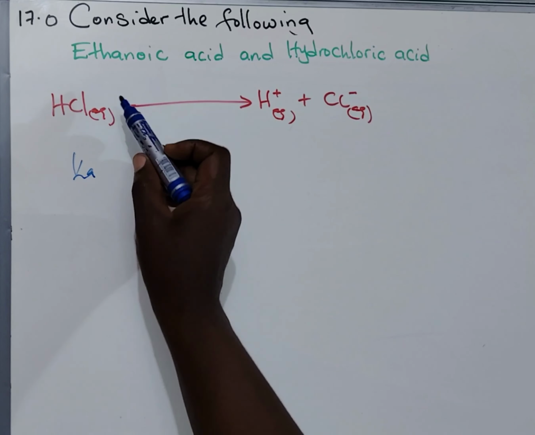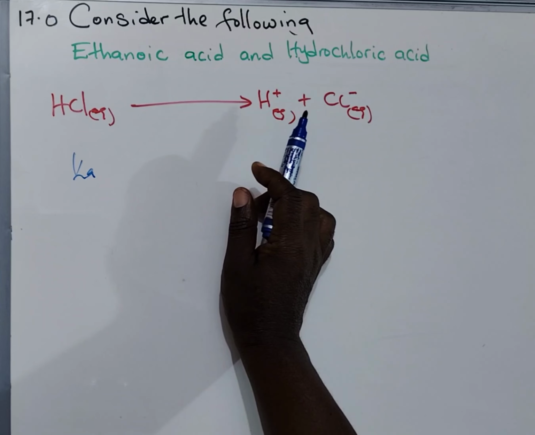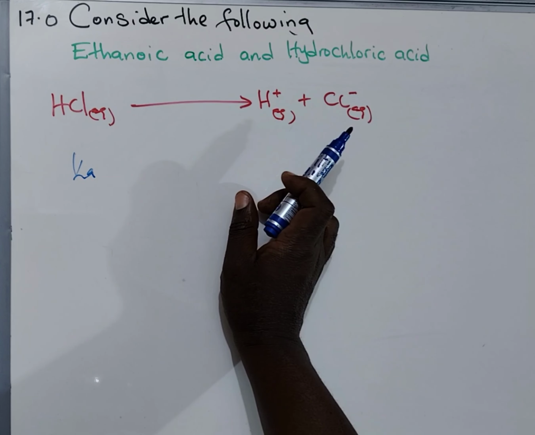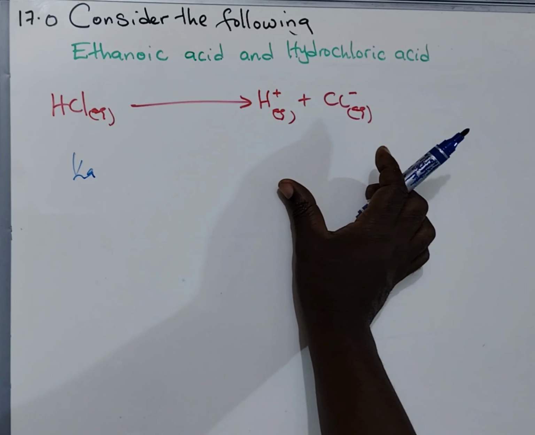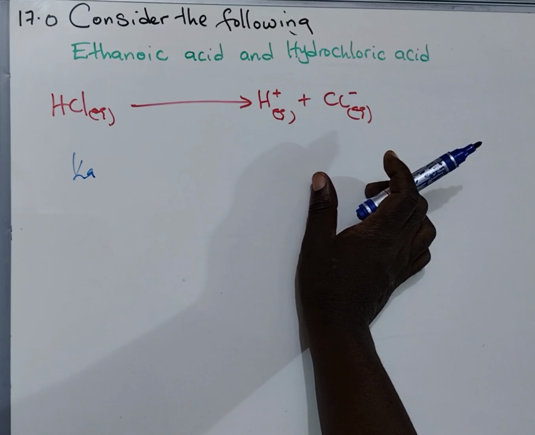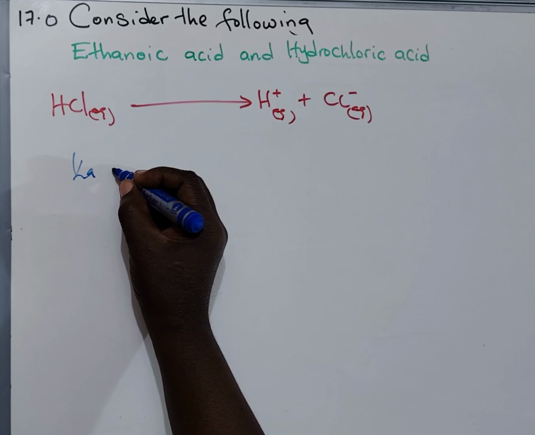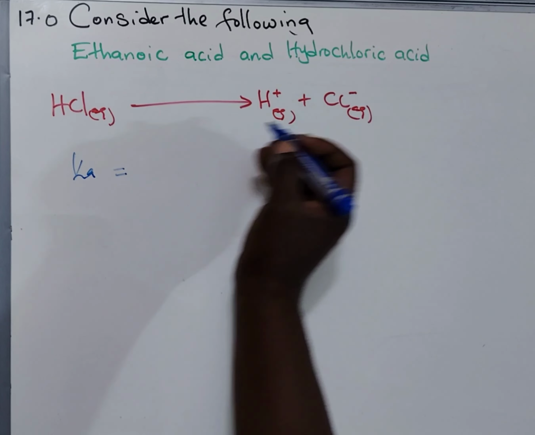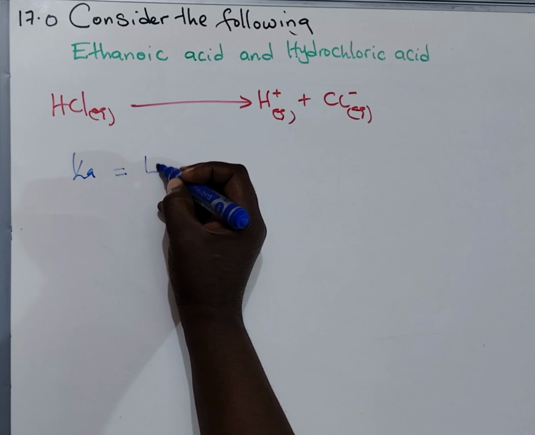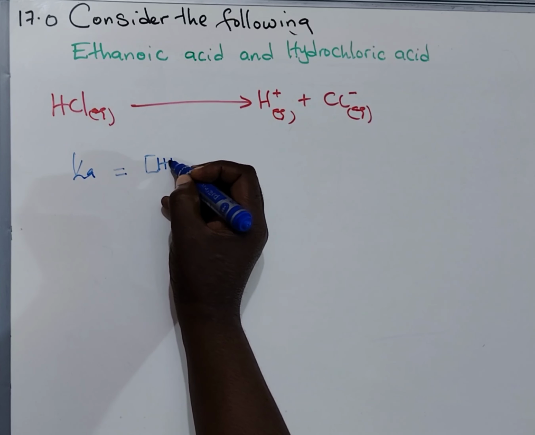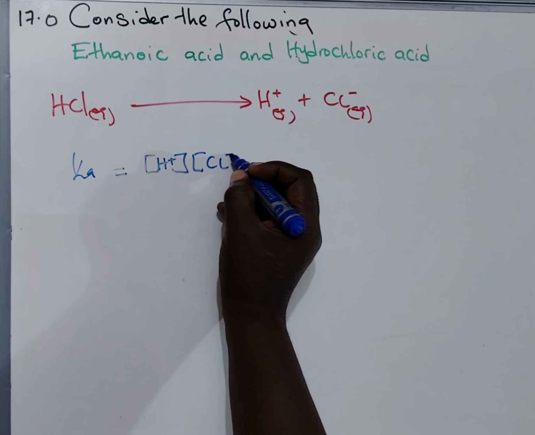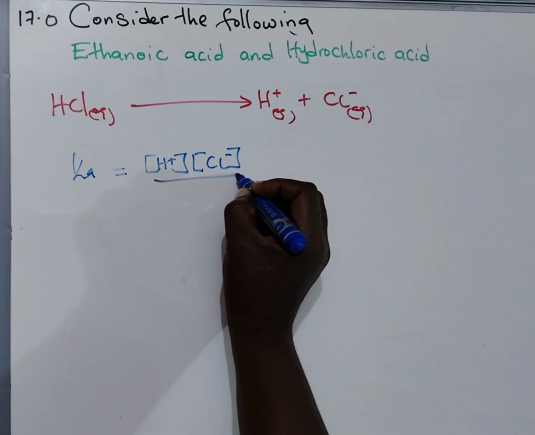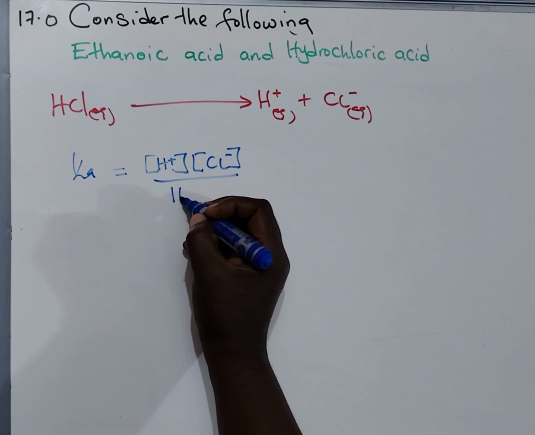But you have to take note that here we have used a single arrow pointing in one direction, implying that hydrochloric acid is completely ionized. So we are going to have the concentration of H plus times the concentration of Cl minus over HCl.